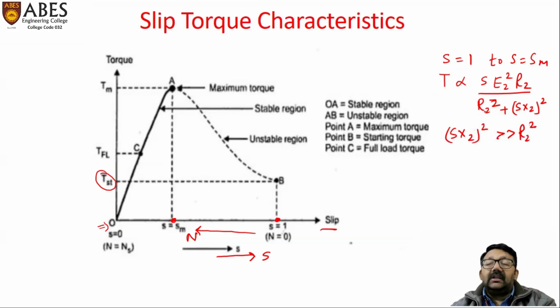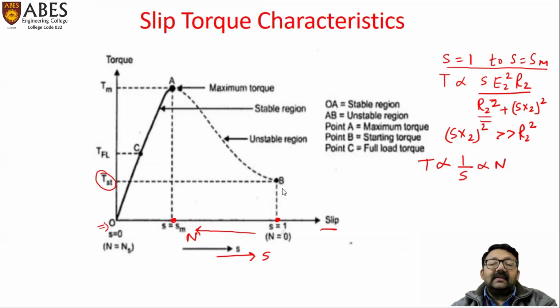So in the denominator, R2 square can be neglected, and if we neglect this denominator term, we get in this high slip region or unstable region, the torque of the motor becomes inversely proportional to the motor slip, or if torque is inversely proportional to the slip, it is directly proportional to the motor speed.